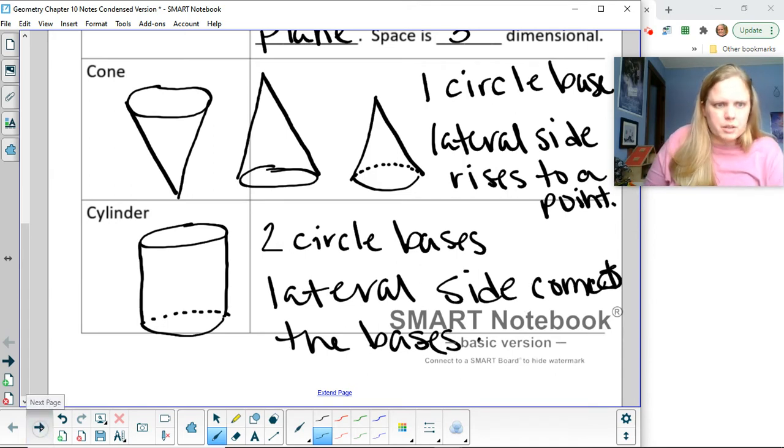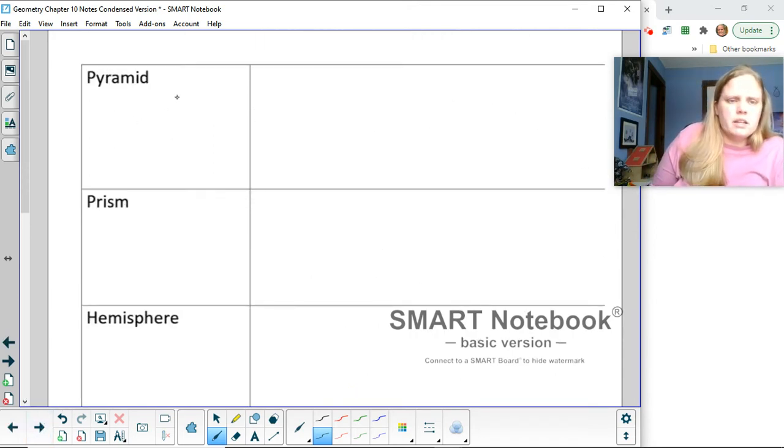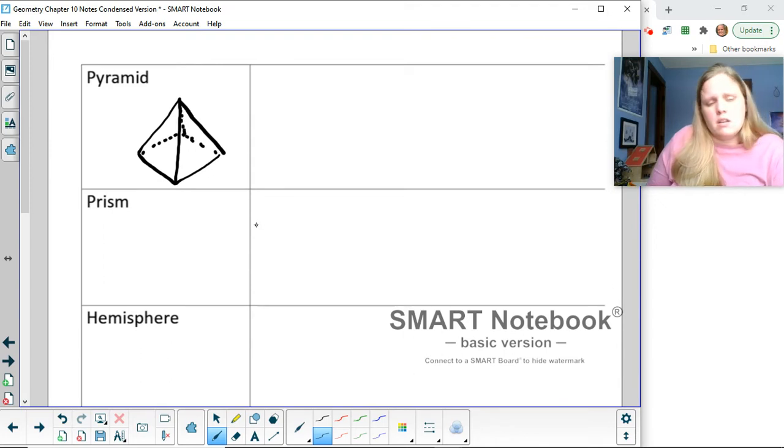All right, next term, pyramid. Now, there's lots of different types of pyramids. To be a pyramid, you need to have some sort of base shape, and then all of the corners, or the vertices, of that base shape are going to go up to a point. If we think about maybe the Egyptian pyramids, those have a more square base, so maybe a four-sided bottom here, but the base can be really any polygon.